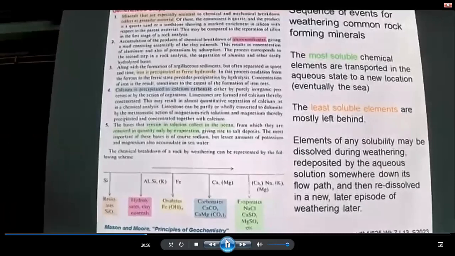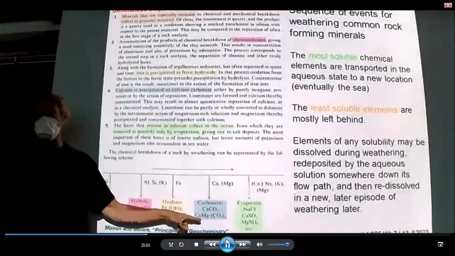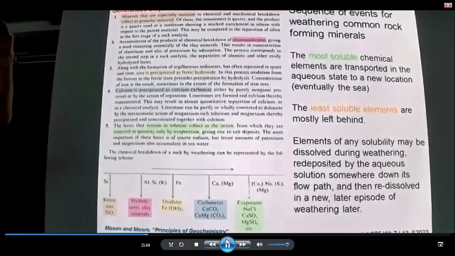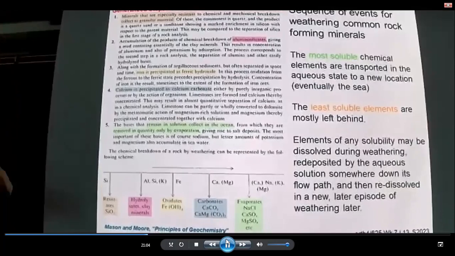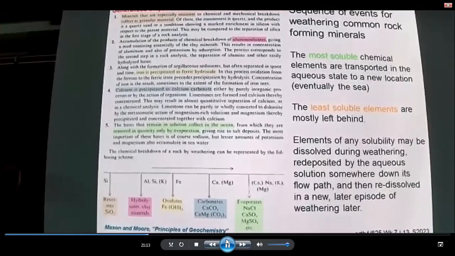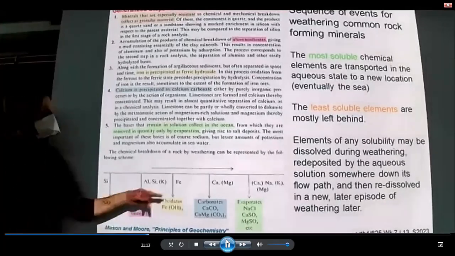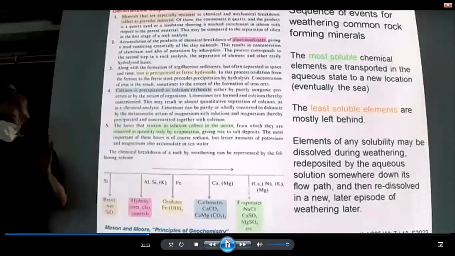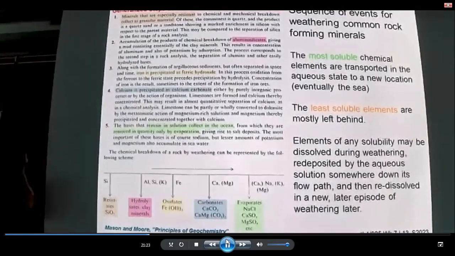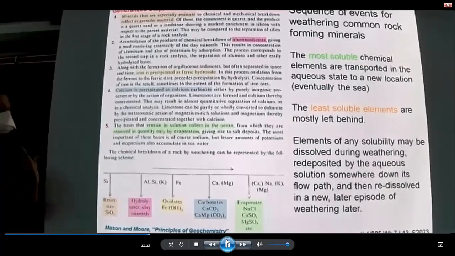Now, those elements in the middle, to some extent calcium and iron, and to a lesser extent aluminum, these elements are intermediate in solubility. And so what happens with them is that as weathering progresses, we can dissolve and then reprecipitate these minerals as a function of the relative amount of water that's present, the relative amount of organic matter that's present, the pH, etc., so that these things tend to move through the system more slowly.